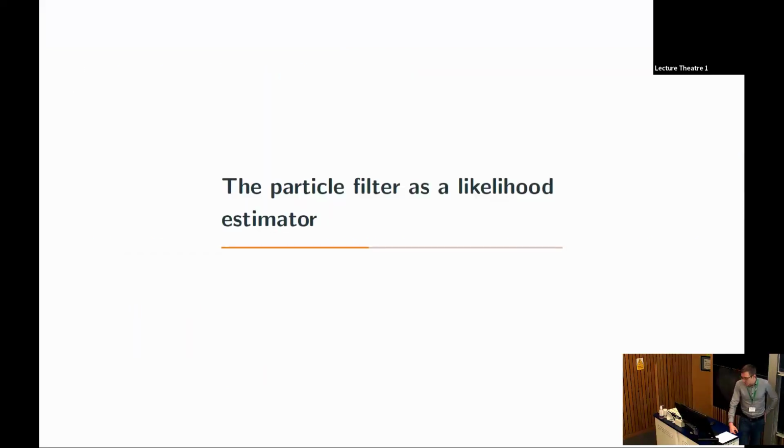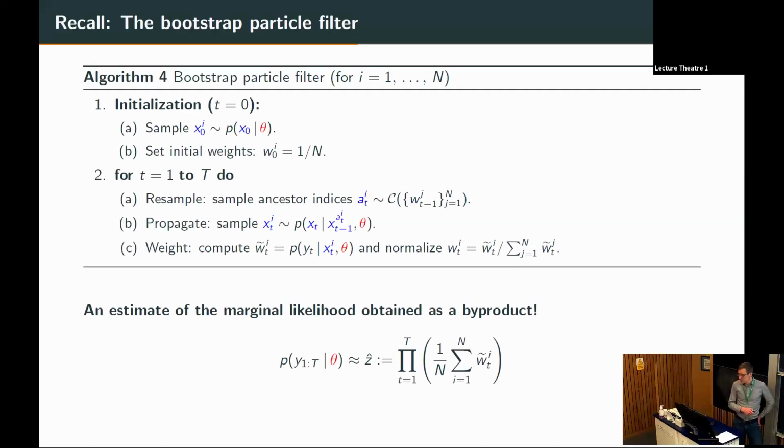So before going into that, I will briefly recap some properties of the likelihood estimate that we get out from the particle filter. By now you know what the particle filter looks like.